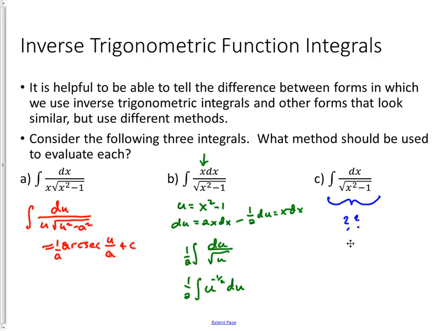We have to do a little bit more advanced work before we can come back and deal with this kind of integral. So at this point, given our methods for inverse trigonometric functions, for our natural logarithm integrals, and substitution methods, we don't have the method to solve this. So for right now, we're going to have to leave this and not be able to evaluate it.